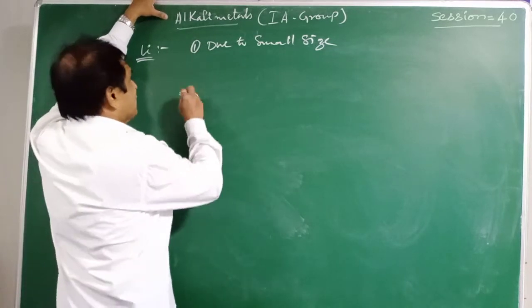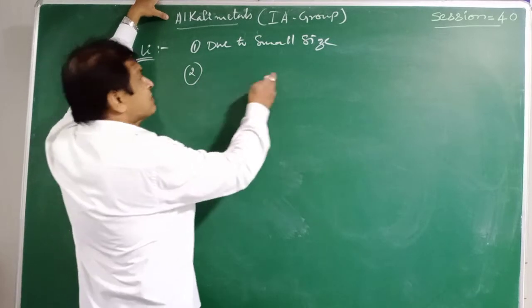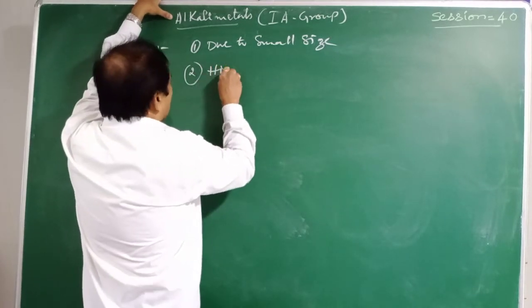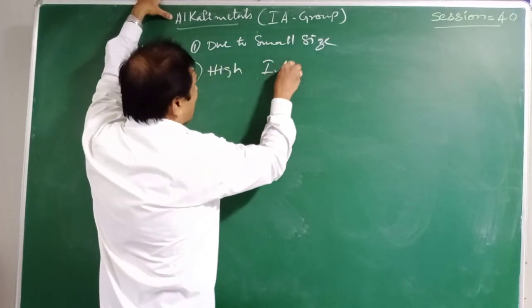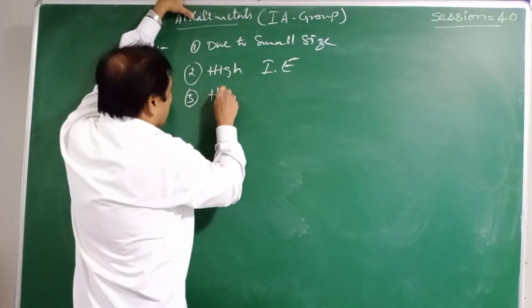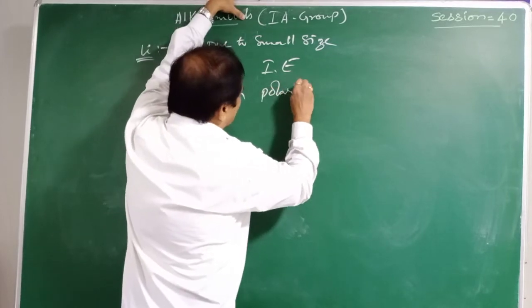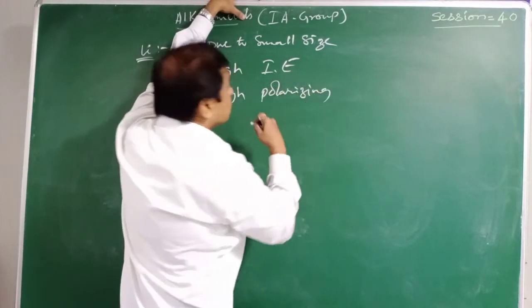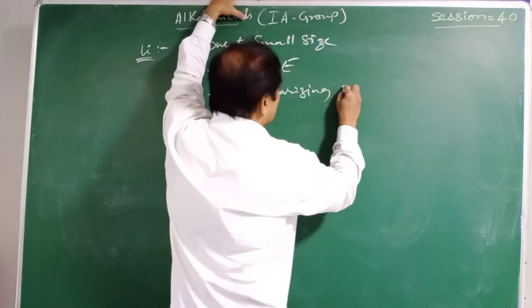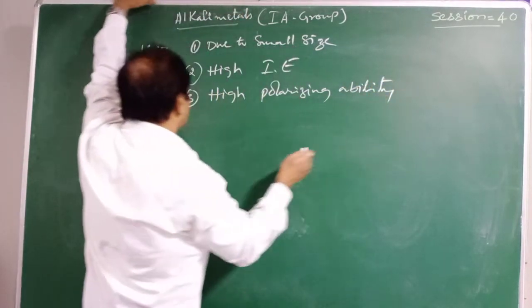So, what are the different properties? Due to small size, it possesses high ionization energy, and it also possesses high polarizing power, or polarizing ability.